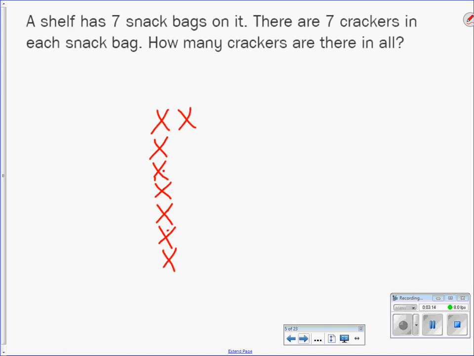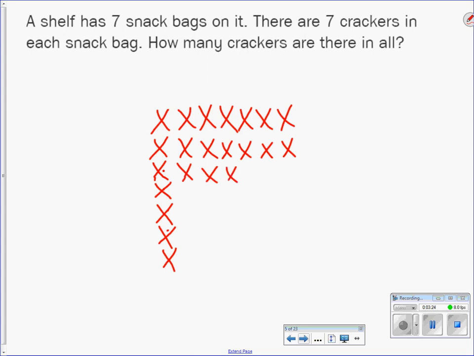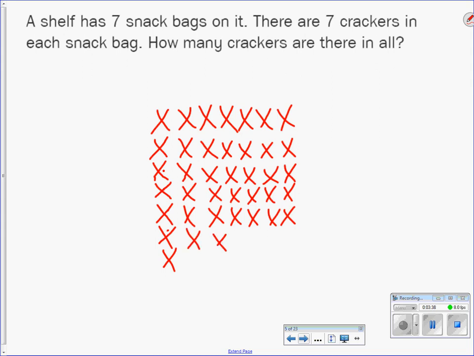So here's row 1, row 2, row 3, row 4, row 5, row 6, and row 7.